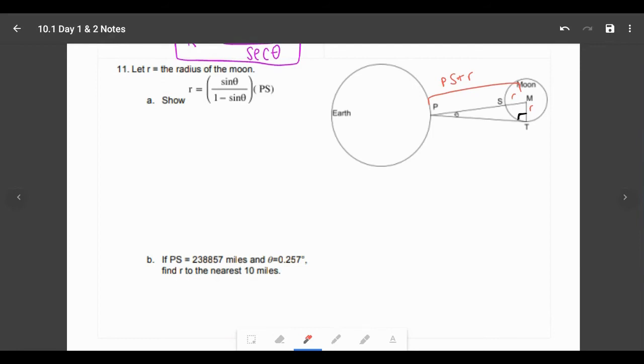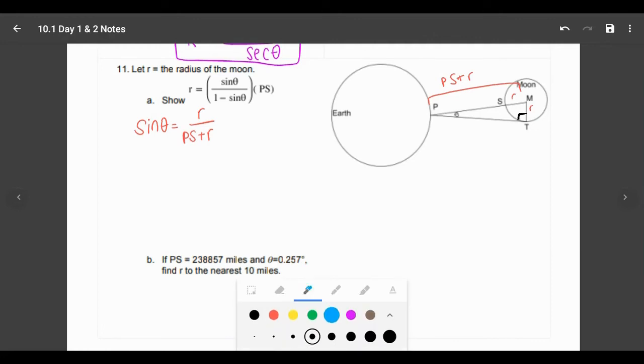Okay, so knowing that now, based off of theta, I have an opposite side and I have a hypotenuse side. So let's go ahead and set up sine theta is equal to r over PS plus r. Okay, from here, what we're going to have to do is manipulate this equation to get r by itself, and hopefully it will look like the right-hand side that we are given.